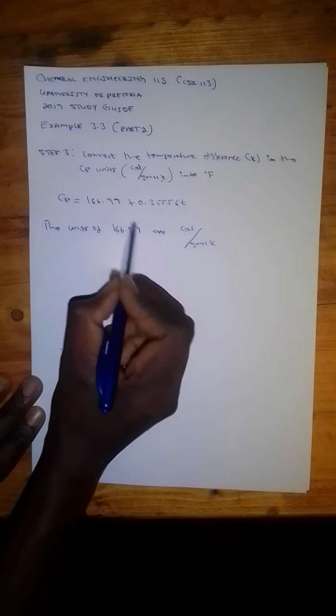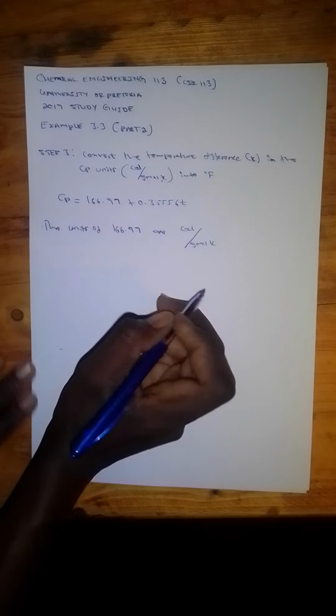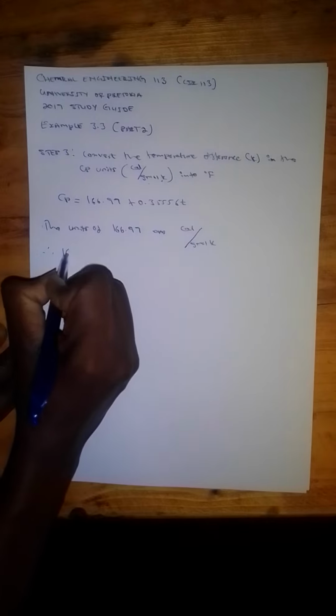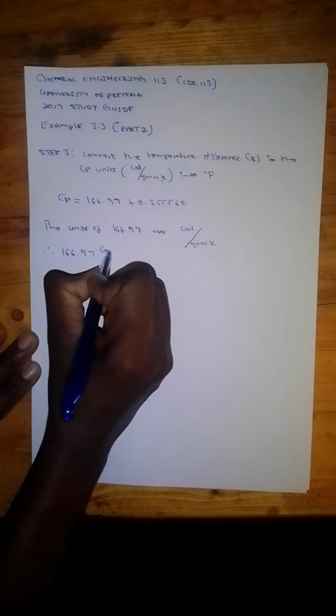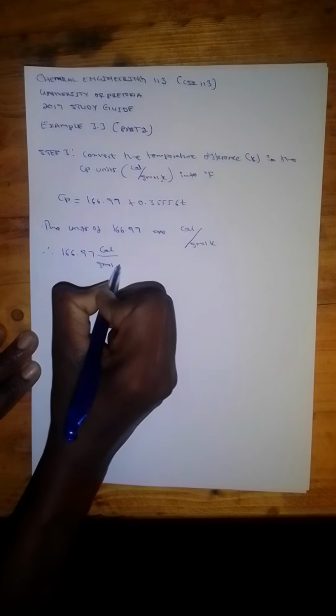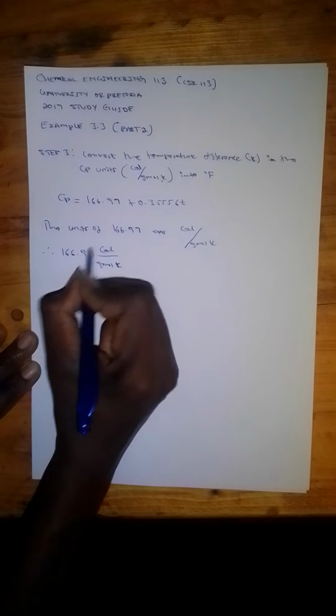So if we want the units of CP to be calorie per gram mole degrees Fahrenheit, we need to make sure that we amend this so that we change the K. And it shouldn't be so difficult. We can just say therefore, 166.97, just rewrite it, calorie per gram mole Kelvin, right? These are the original units.